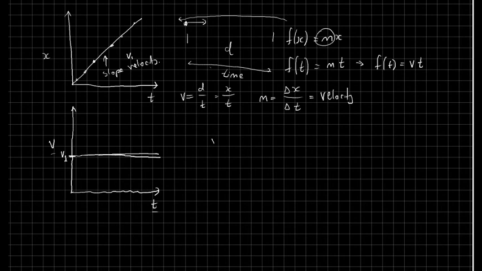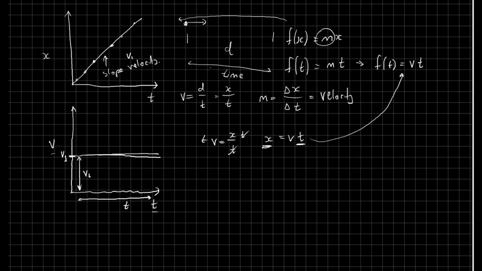And what we notice is that we can rearrange the equation v equals x over t for x. If we multiply both sides by t, the t's cancel, and we've got v times t, which is what we've got up there. So if we want to work out the distance travelled over a certain amount of time, we just have to multiply this v1, which is the height here, by the time it takes.